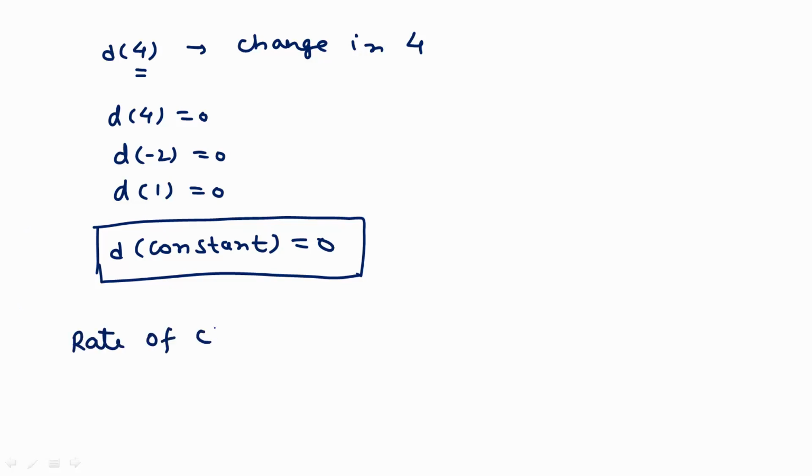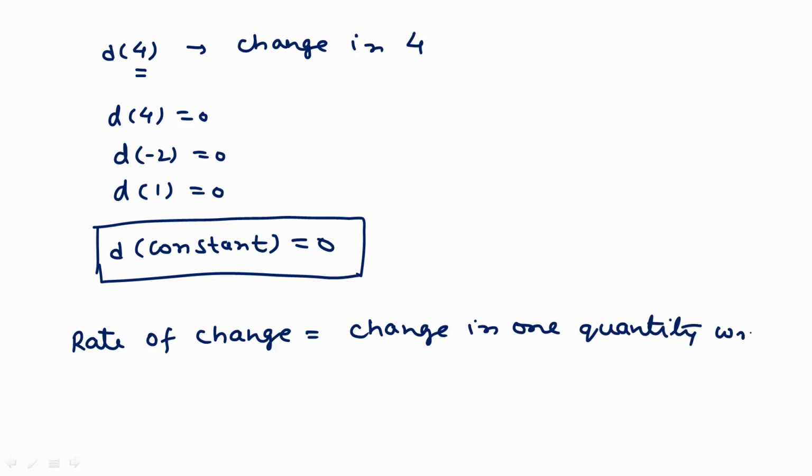Rate of change is defined as change in one quantity with respect to another quantity.